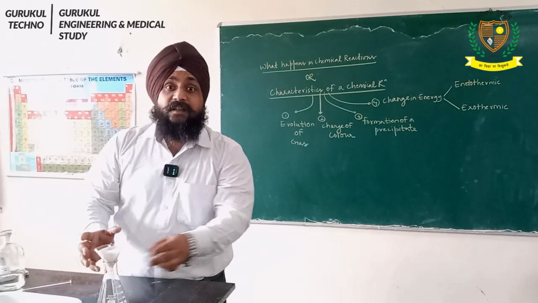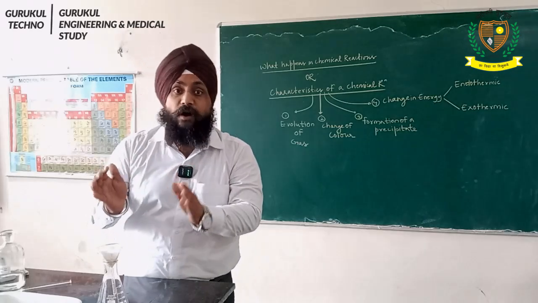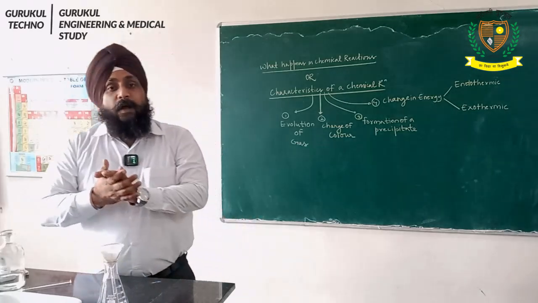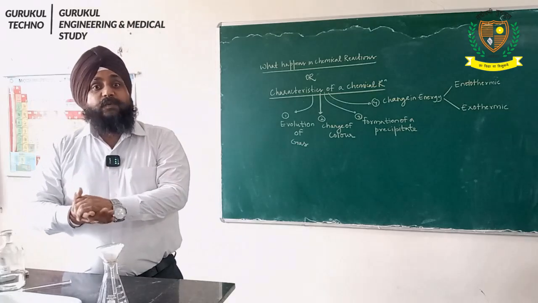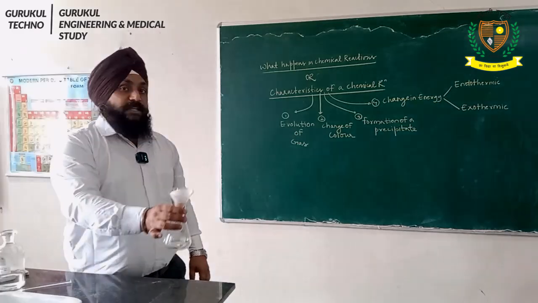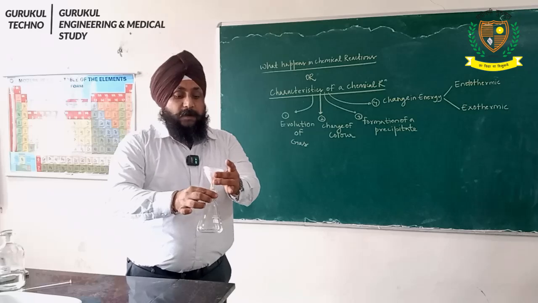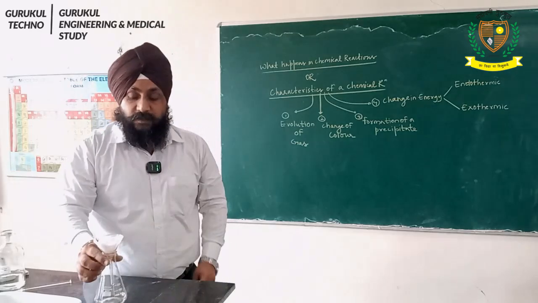So this is another characteristic of a chemical reaction, that is formation of a precipitate. When potassium iodide reacts with lead nitrate, it gives lead iodide of yellow color, which is insoluble in the given solution.